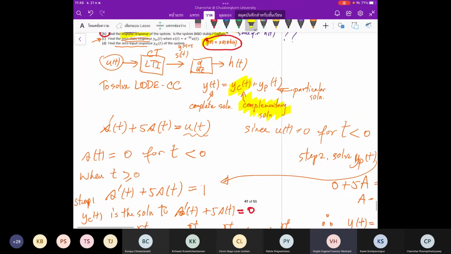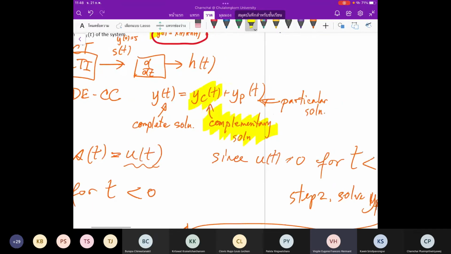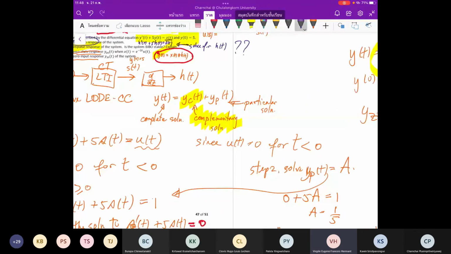Let me summarize this. The complementary solution depends on the initial conditions. The particular solution depends on the input.